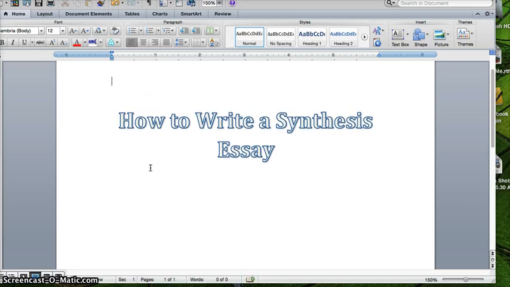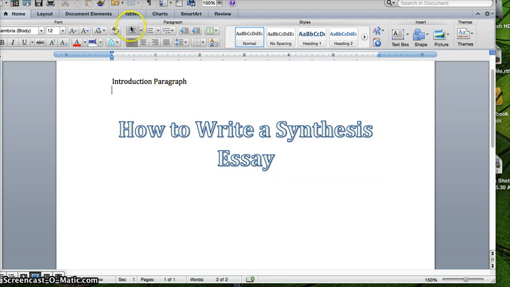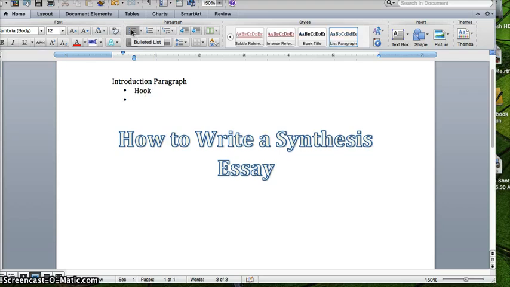All right, so in order to do that, you need to start with your introduction paragraph. The rules for introduction paragraphs are that they should include at least 3 things. You need a hook to catch your reader's attention. You need a transition, so you move from your hook to your issue, which in this case would be the cost of college.